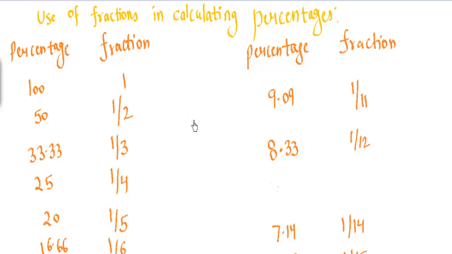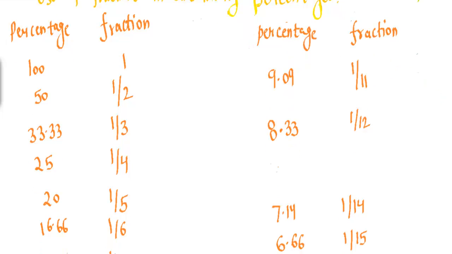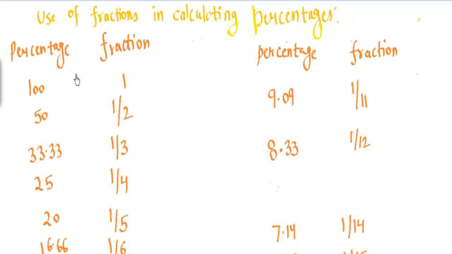Similarly, 9.09% is equal to 1 by 11. So if I multiply 1 by 11 into 100, then I will get 9.09. Know that 100% is 1, 50% is 1 by 2, 33.33% is 1 by 3, and so on and so forth.